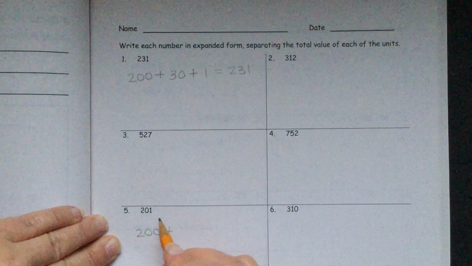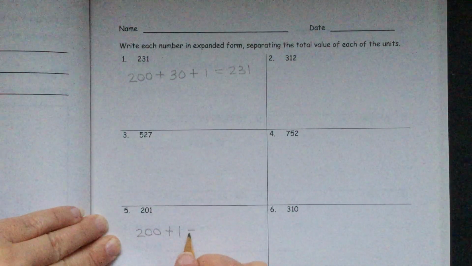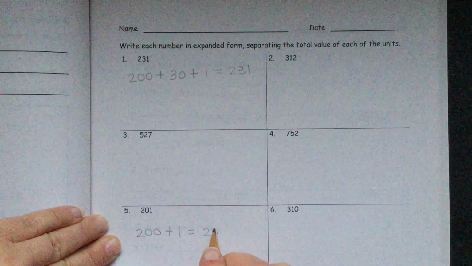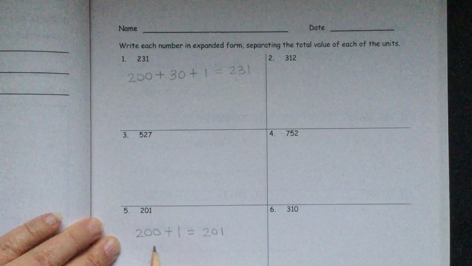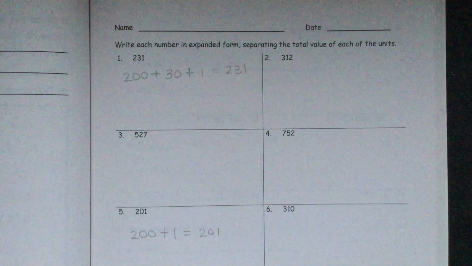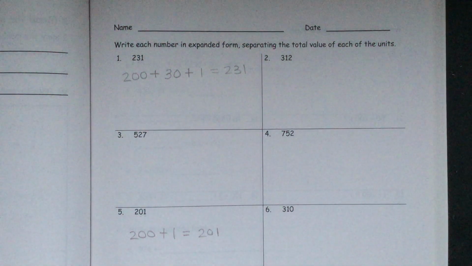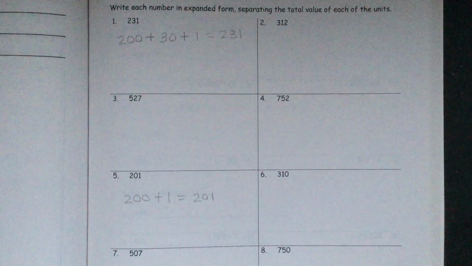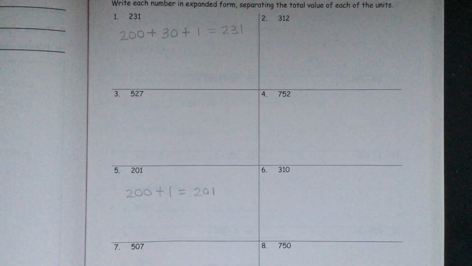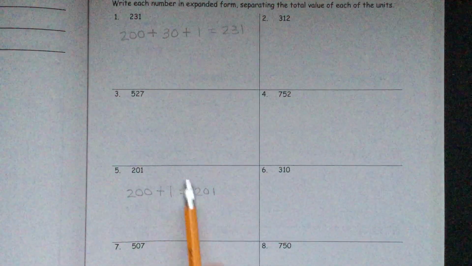The 1 stands for 1. So there we go. 201. Okay, 200 plus 1 equals 201. Okay, so you'll need to do that with the rest of these problems on this page. Writing in expanded form is what this is called.